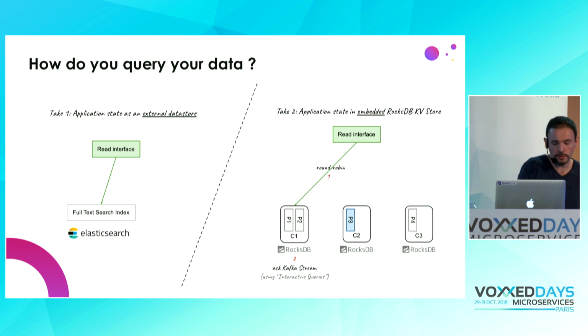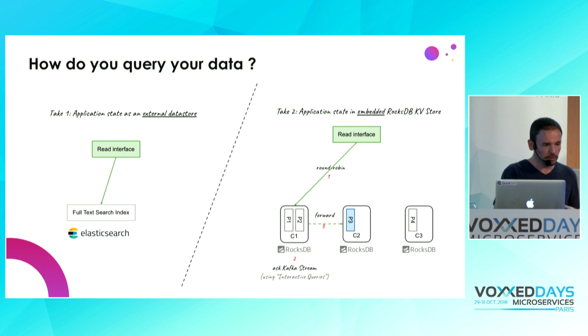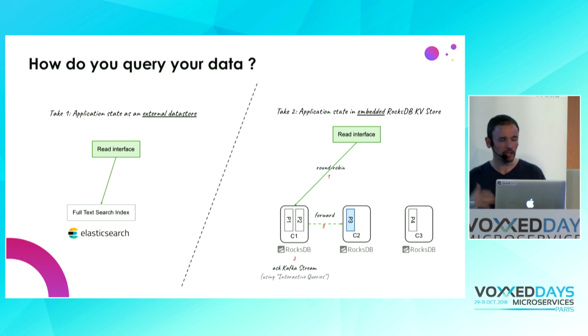If you are not, you forward, using some proxying mechanism of your choice, to the proper node owning your data. Kafka Streams gives you an IP. So you have the IP of the node. Usually from the IP you can figure out what node you are talking about.